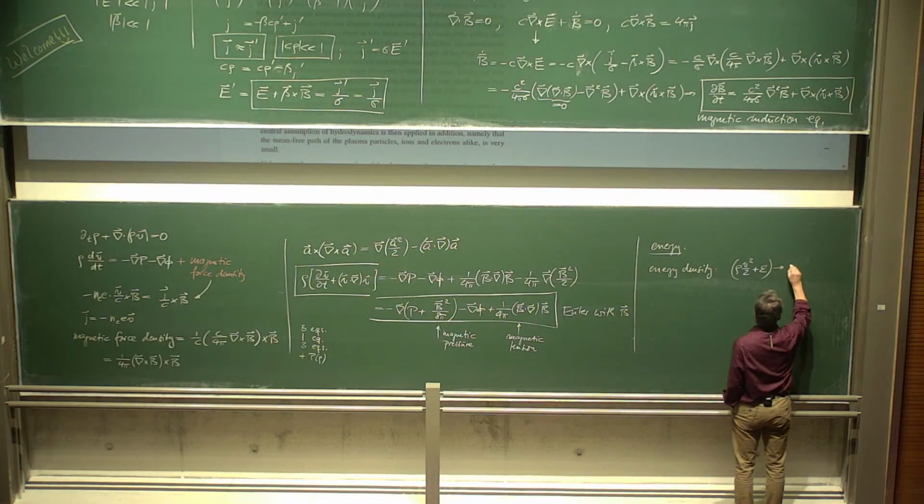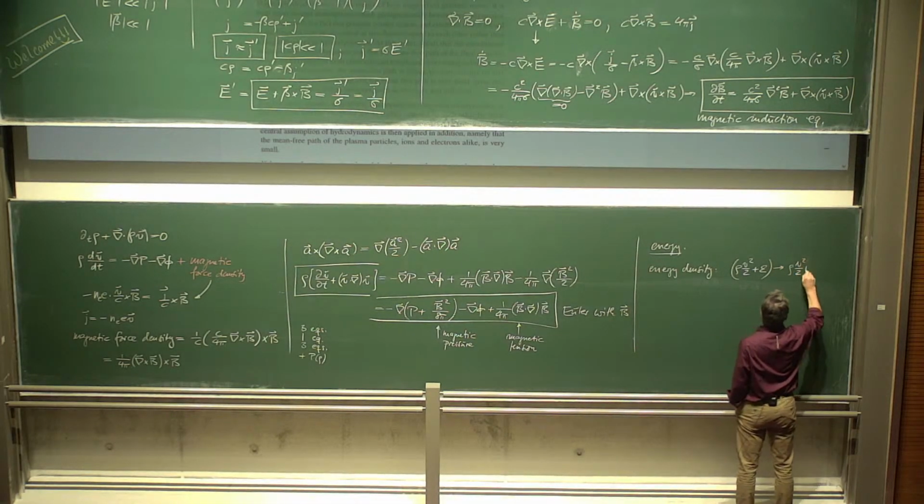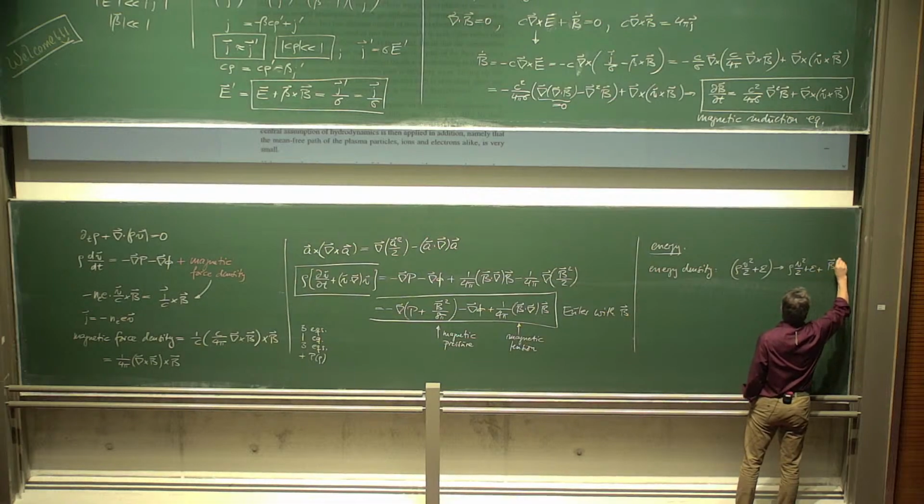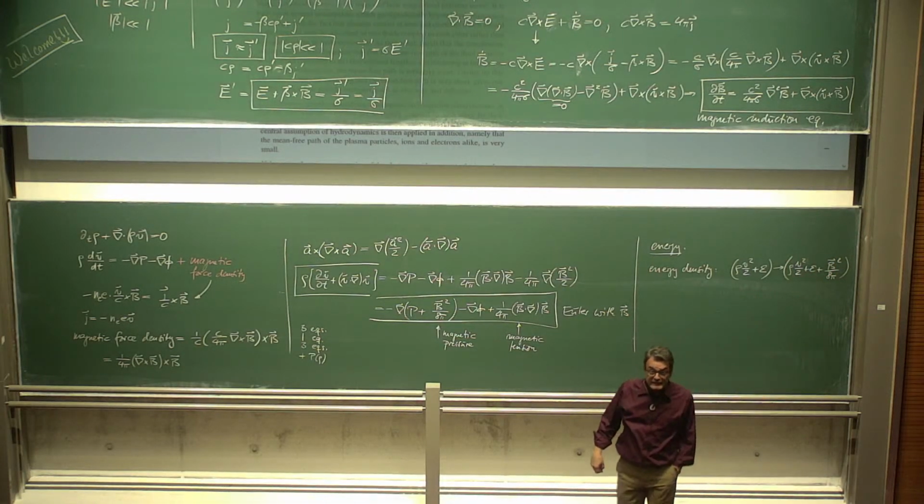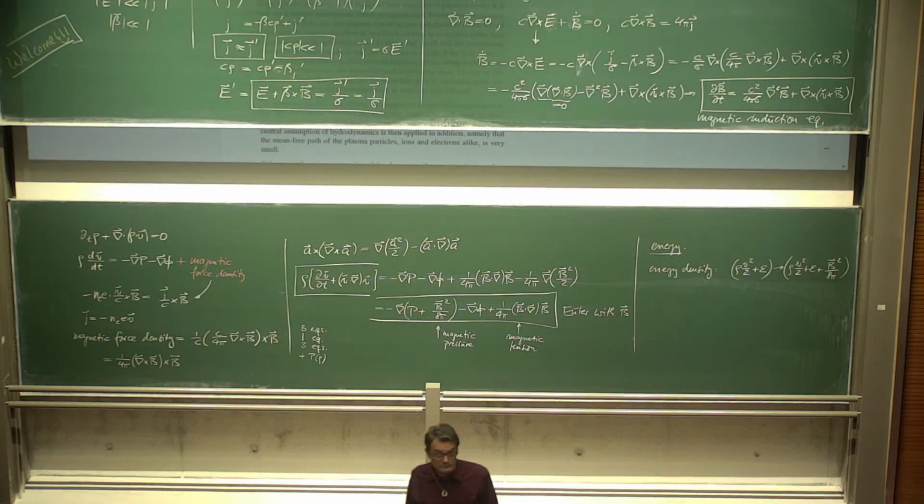That is going to change to rho v squared over 2 plus epsilon plus the energy density of the magnetic field, B squared over 8 pi.